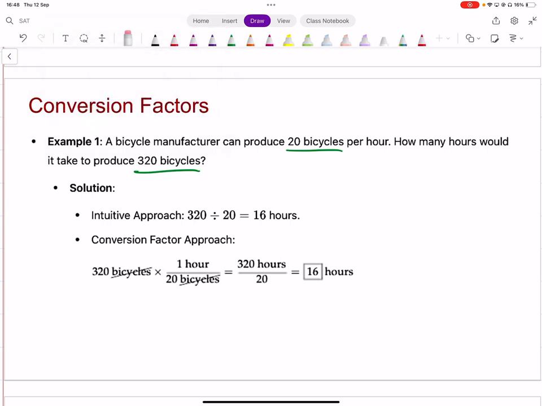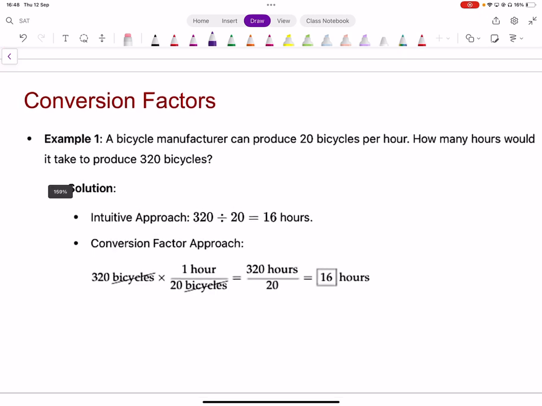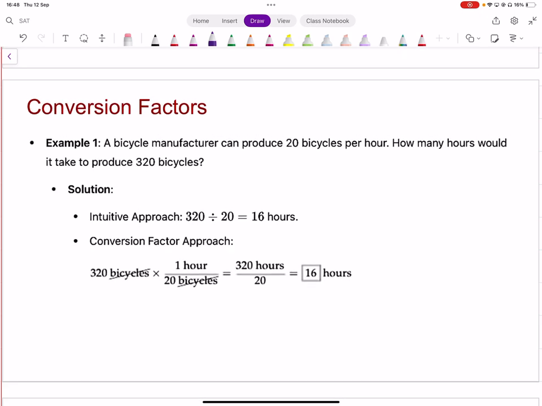But if we do this using conversion factors, how do we think about that? Normally what we do is we start from what we have as the starting point or what we want at the end. So we either start from the starting point that's given or the target, the end point that we need. In this case, for instance, we need 320 bicycles.